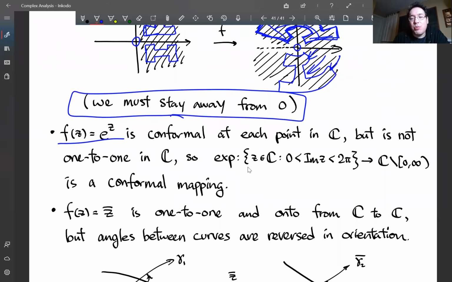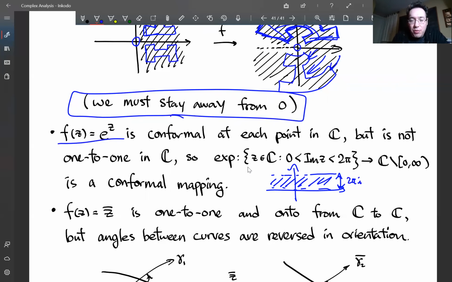So if you restrict yourself to a domain, a horizontal strip where the height of this strip is 2 pi, then this complex exponential function does not repeat itself.